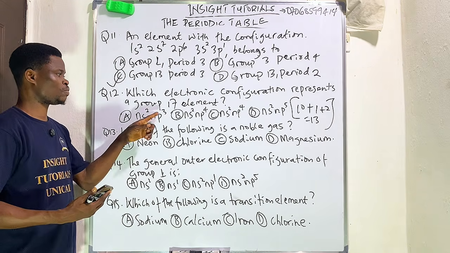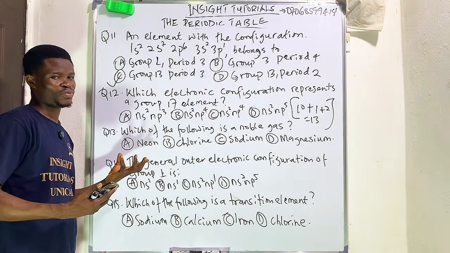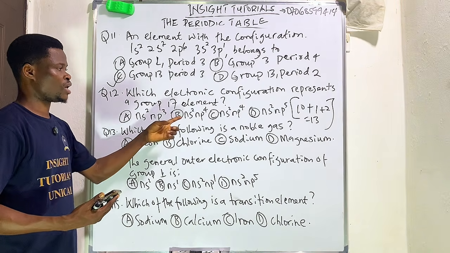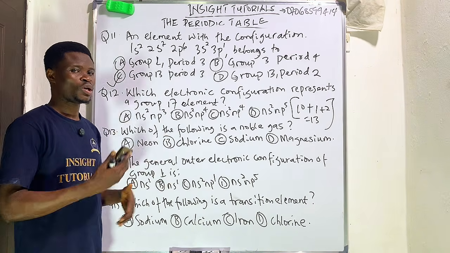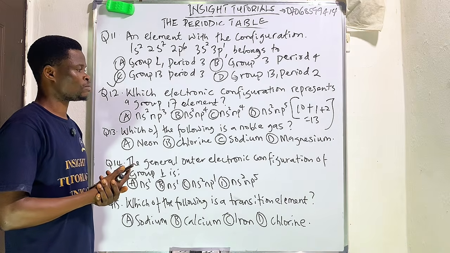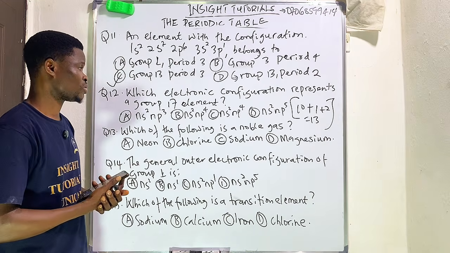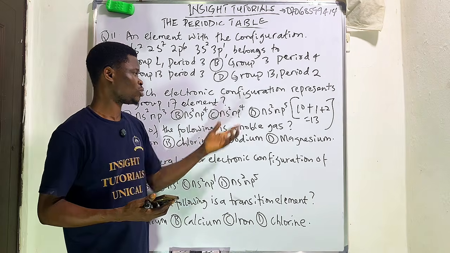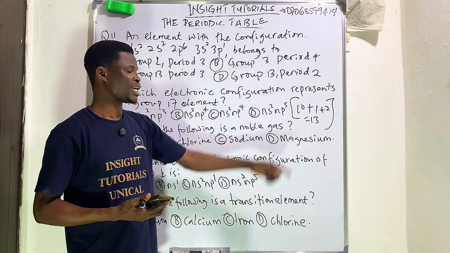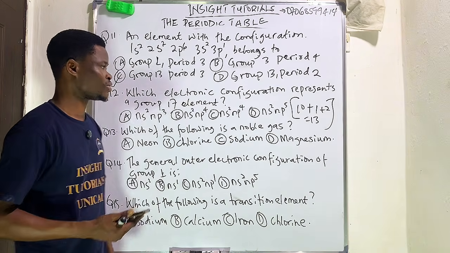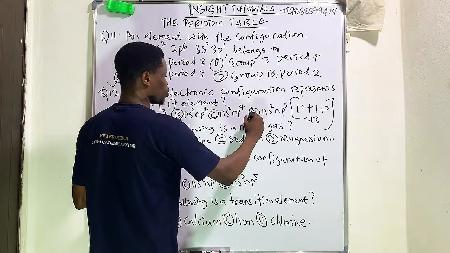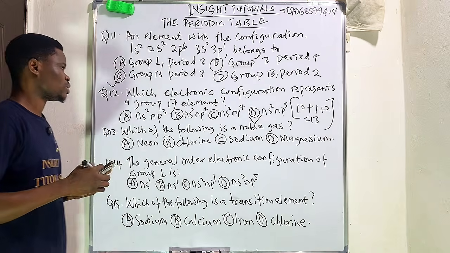If we add 2 plus 3, it will give us 15. That is not it. If we add 2 plus 4, it will give us 16. That does not work either. This is still 2 and 4. This is 2 and 5. So that is actually the correct option. So the correct option is D.